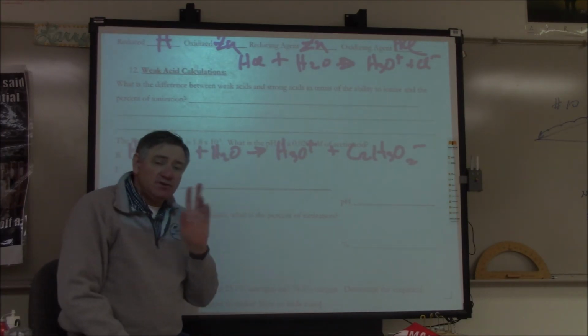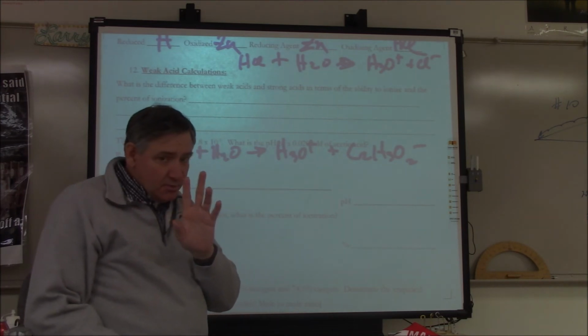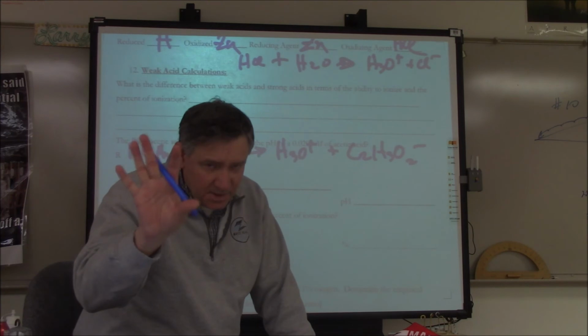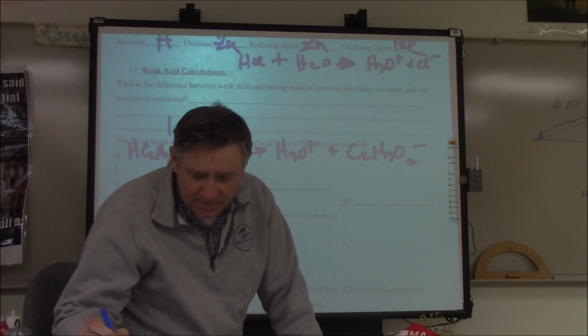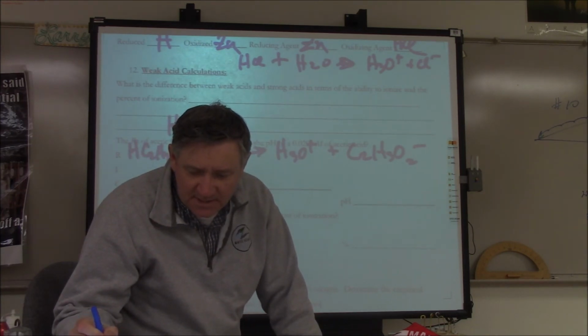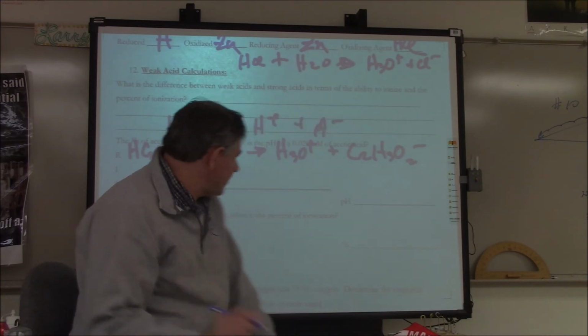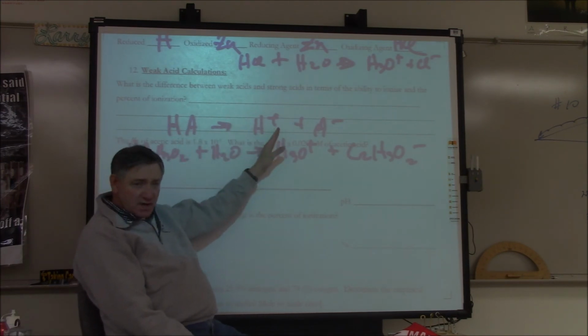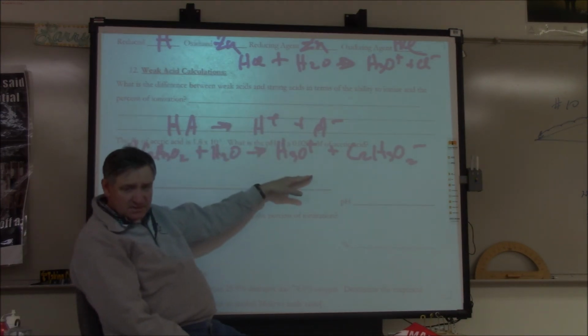Now, if you don't like that, the shortcut way to do this, and we're going to get to this just because it's a shorter way, is you can just write it as the acid and put H+ and then your anion. So this is just a shortcut way of writing all of this.